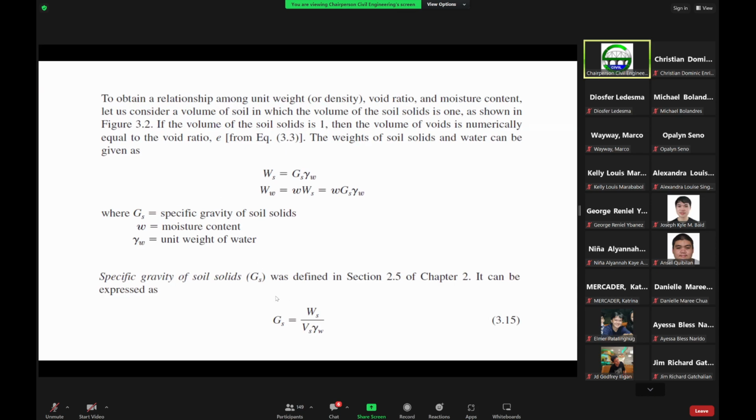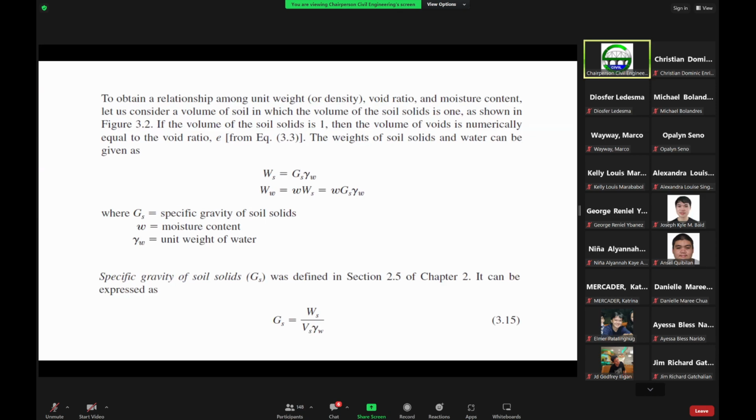The specific gravity of soil solids is equal to the weight of the soil solids over the volume of the soil solids, which is basically equal to the unit weight of the soil solids over the unit weight of water. So the weight of the soil solids divided by the volume of the soil solids is equal to the unit weight of the soil solids.